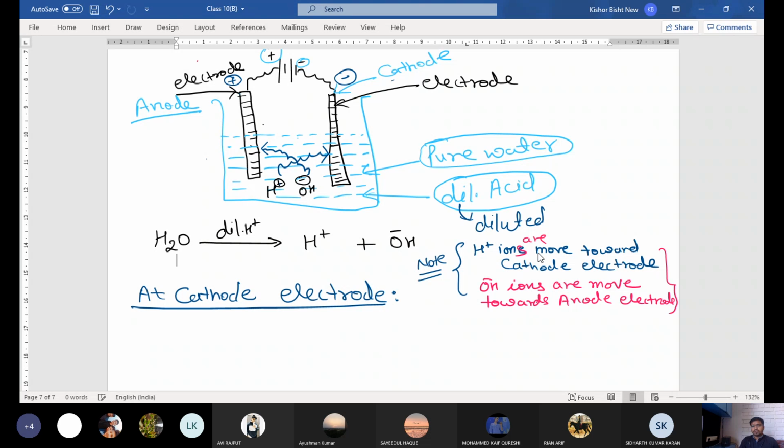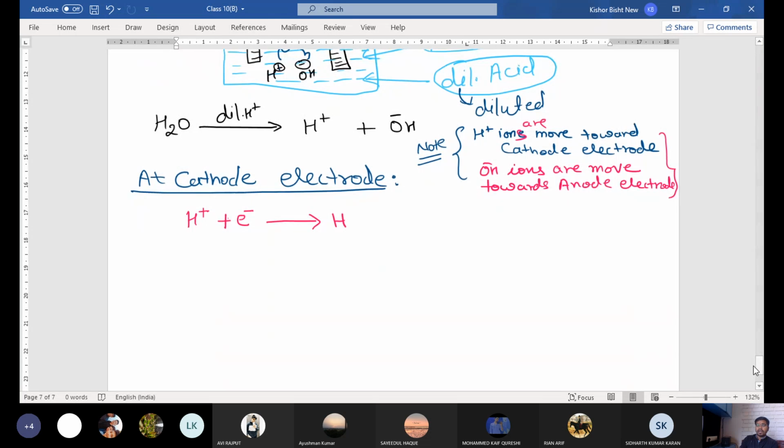Okay, so at the cathode electrode, what is happening? Hydrogen ions are moving. So H positive is deficient of electrons. It gains 1 electron and forms H. Now you people know that this is a monoatom, and H can combine with H and then it will form hydrogen gas.